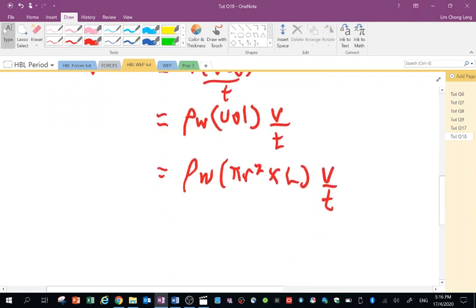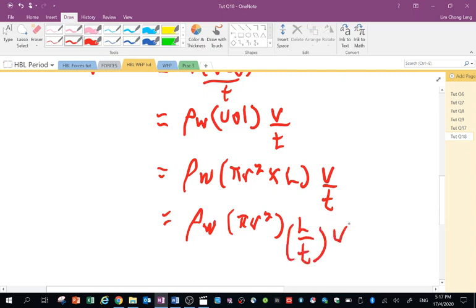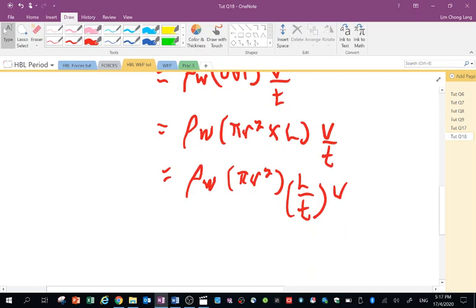So this will give me density of water multiplied by pi r squared, and then L over t is none other than velocity. Substituting the values, I have 1000 multiplied by pi, r is 0.1 squared, and then L over t is velocity.